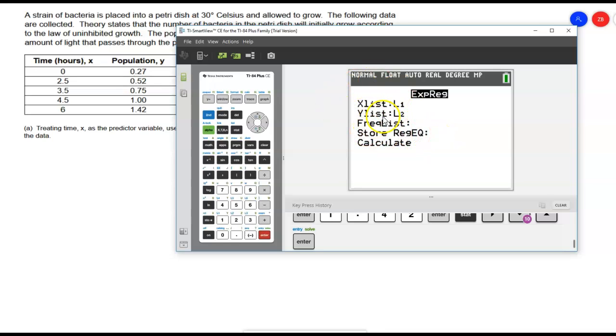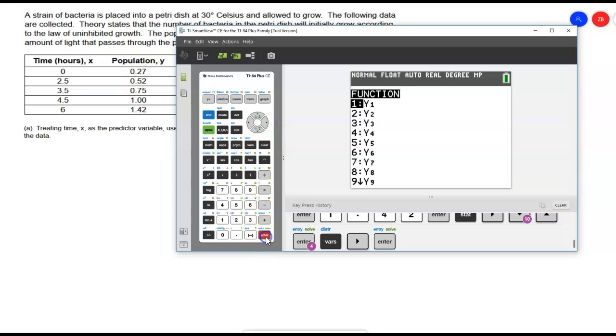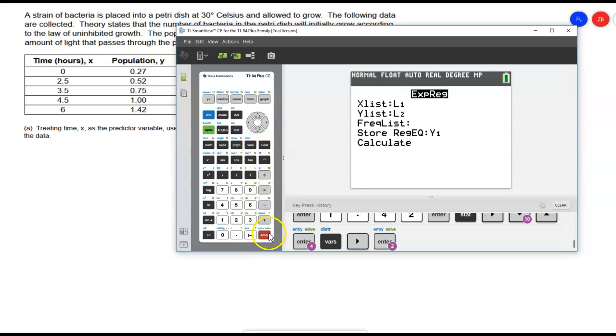If it comes up with just a blank area, you're going to want to put in second L1, then comma, then second L2, comma, then vars, go to Y variables, put in the Y1 there, and hit Enter. For this one here, I just set vars, Y variables, Enter, and Y1. And this will store my function in Y1 that I can use later.